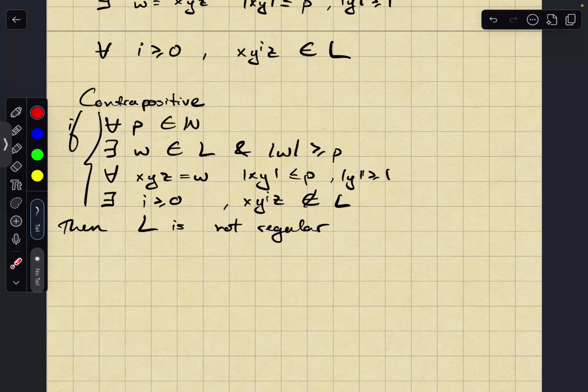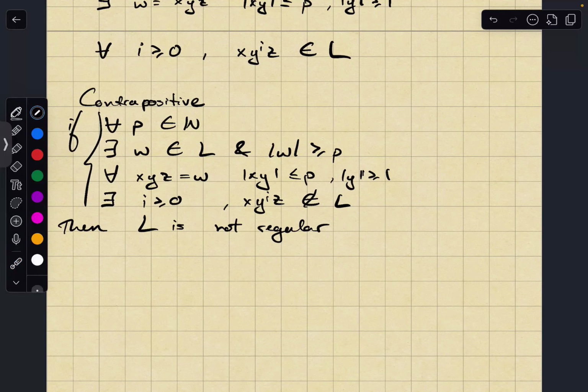Your opponent plays the for all quantifier, and you play the existential. You win the game by defeating the opponent. If you're playing the existential quantifier, winning means you can find an i for which this is true, where it doesn't matter whatever your opponent played, you can always find a strategy to defeat them. So this is the general idea.